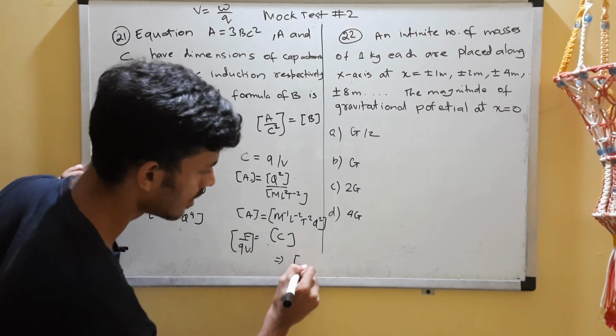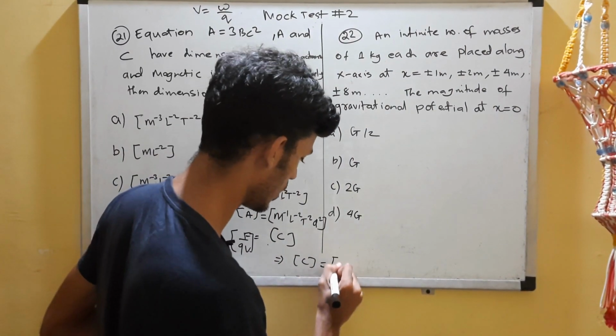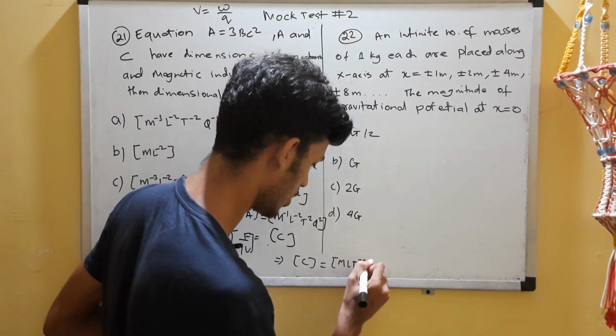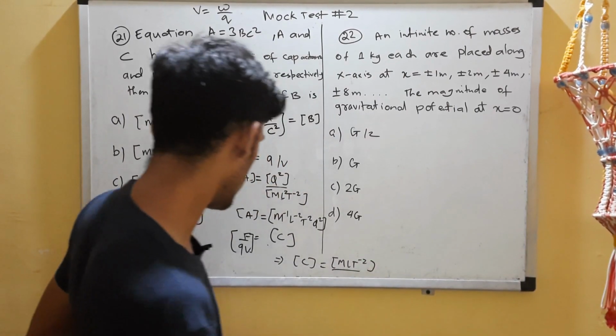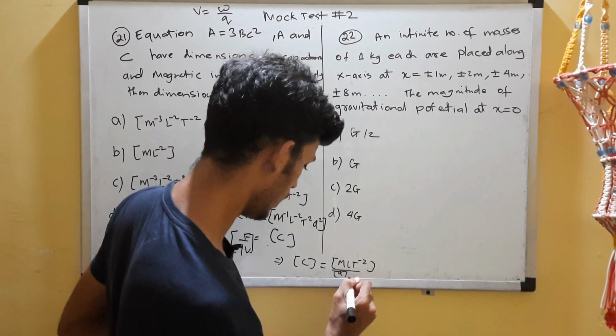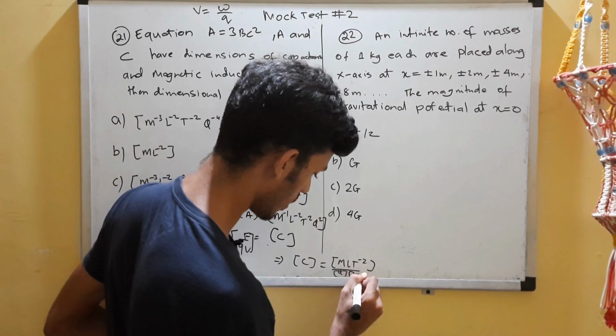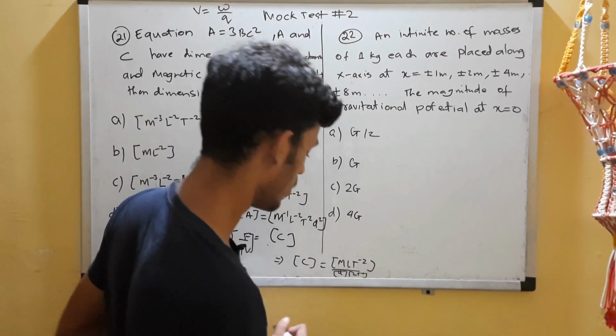So C equals F, which is mass into acceleration, and Q we'll keep as it is, and V is velocity, not voltage, so length into length per time.